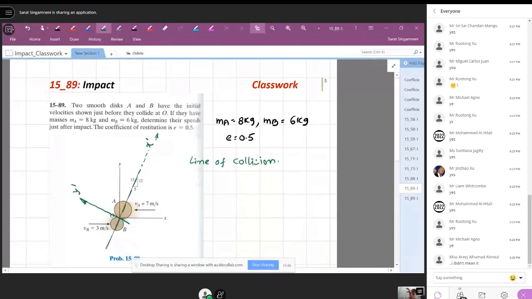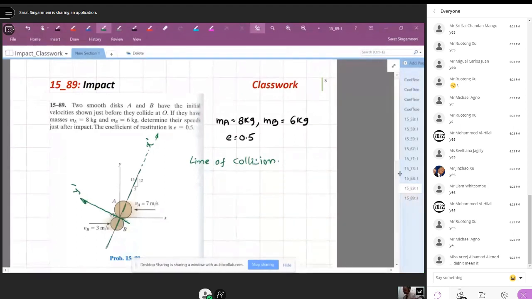We have to turn all the velocity vectors parallel to x dash and y dash and express them as components. The initial velocity components along x dash and y dash, and the final components of velocities along x dash and y dash. So we will find out what are the final velocities after the collision.